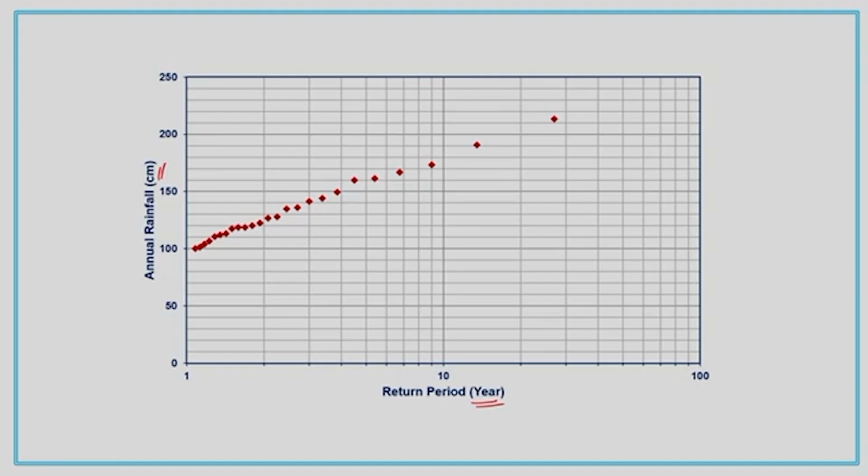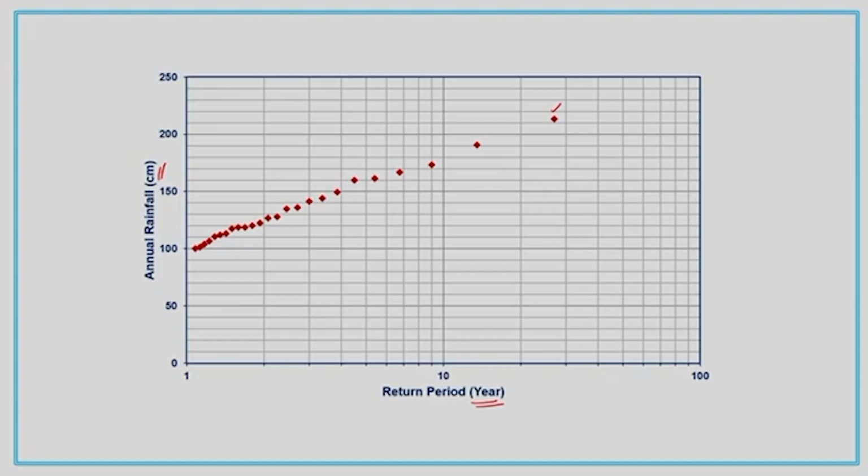Ordinate is the annual rainfall and the abscissa is the return period, that is plotted on log scale. So, these red markings are representing the data points, that is, corresponding to each rainfall data, the return period assigned we have calculated, that is plotted in this graph.